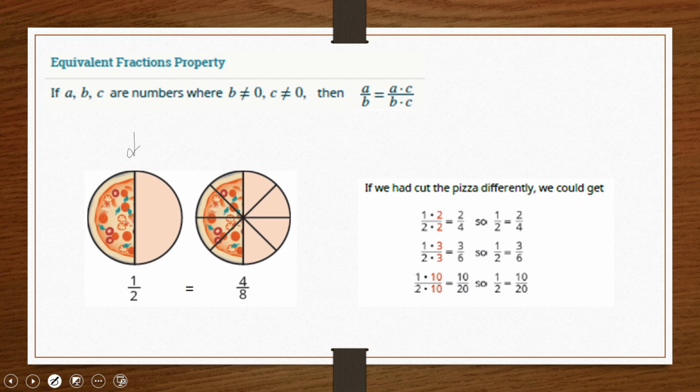So an equivalent way to demonstrate this is to start with a same size pizza, but instead of cutting it into 2 equal parts, we cut it into 8 equal parts. And if I still eat half of that pizza, I could describe this as having 4 out of the 8 slices remaining, as opposed to before having 1 out of the 2 pieces remaining. So these are our equivalent fractions.